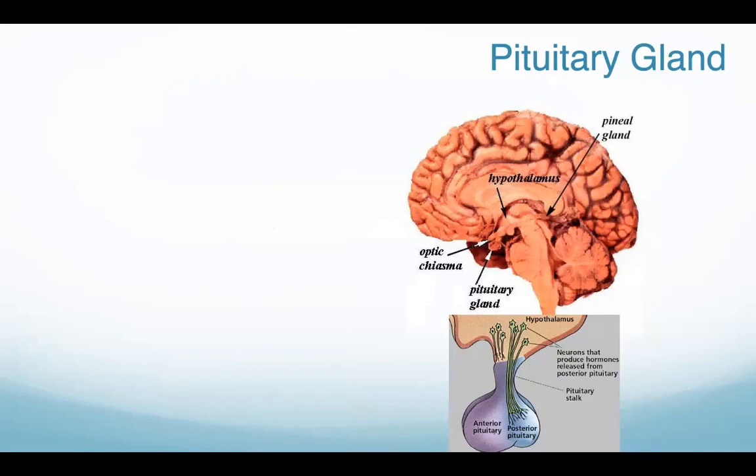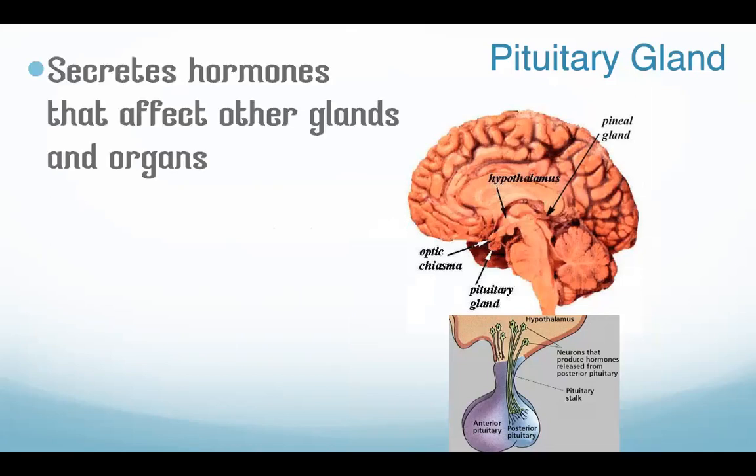And you can see from the diagram down here that the pituitary has both an anterior, which means towards the front or the top, and posterior, which means towards the back or the end. The pituitary is going to secrete hormones that affect other glands and organs. So this is why it gets a bit complicated.